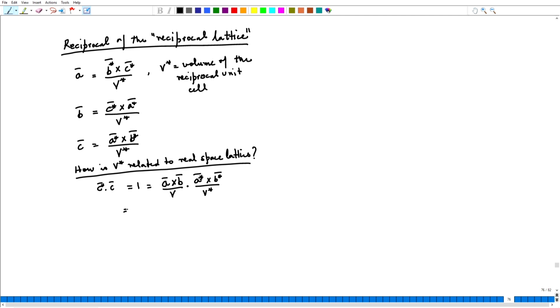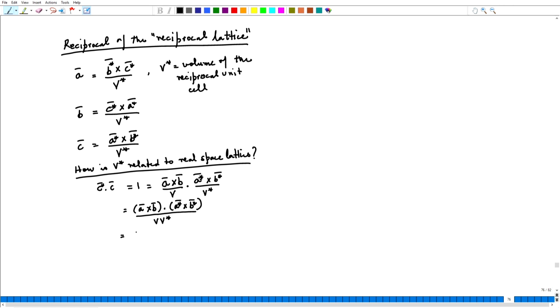So, I can write this as A cross B dot A star cross B star divided by V star. We can now expand the numerator in the following way.